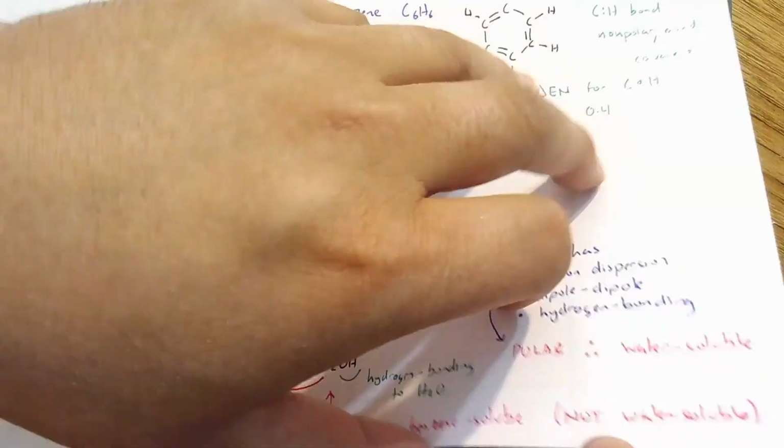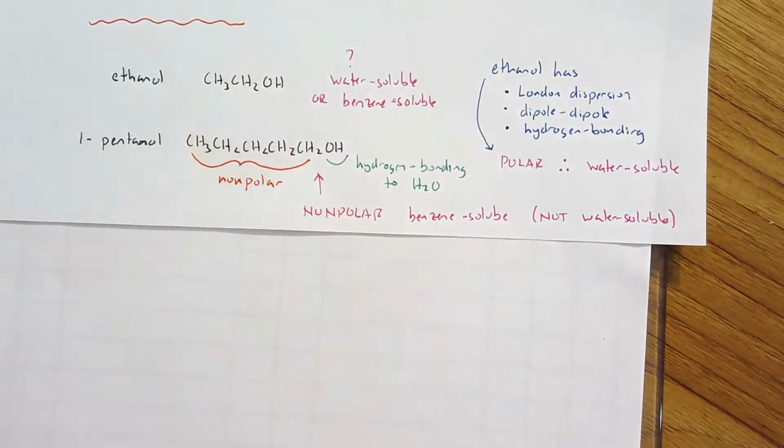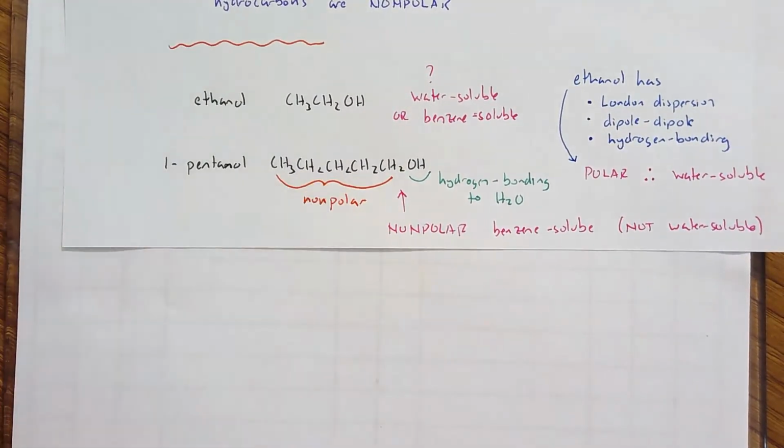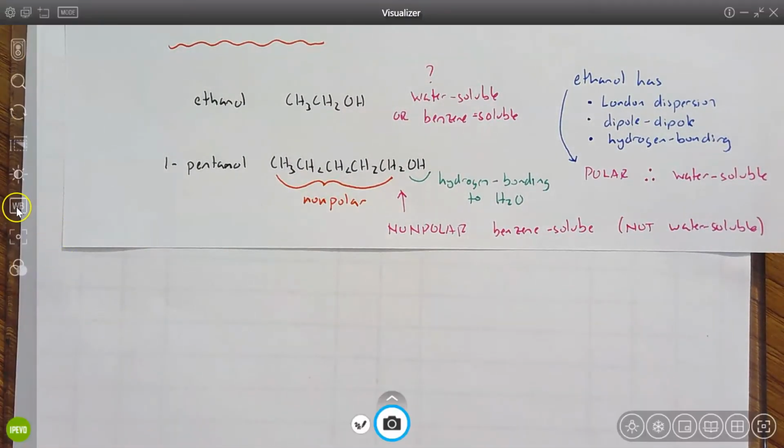Let me state a rule then. Again, this one I'm making up just from experience because I want to know is there a general rule to determine why this is water soluble and why this is benzene soluble? How many carbons do I need to make it nonpolar is probably a better way to say it.